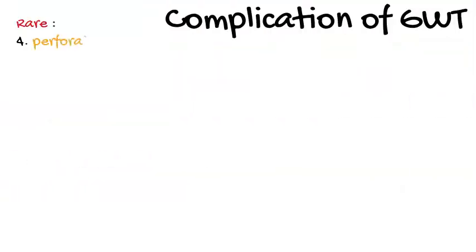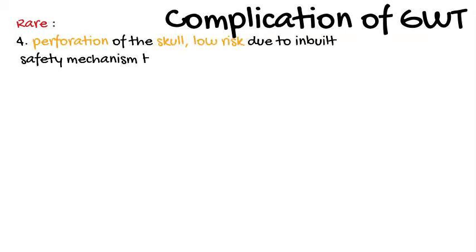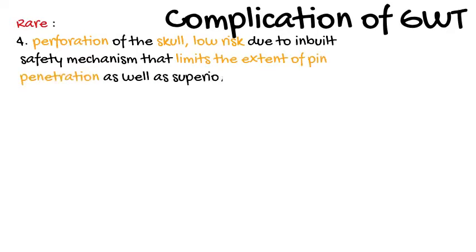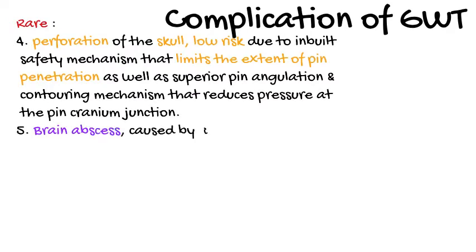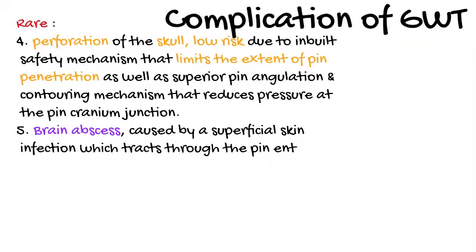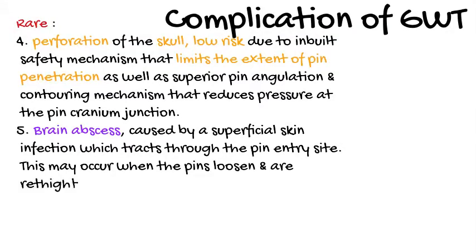A rare complication of Gardner-Wells tongs is number 4, perforation of the skull. It is a low-risk complication due to an inbuilt safety mechanism that limits the extent of pin penetration, as well as the superior pin angulation and contouring mechanism that reduce pressure at the pin-cranium junction.